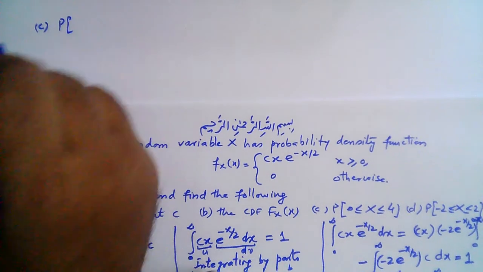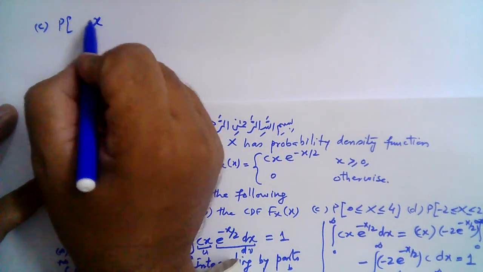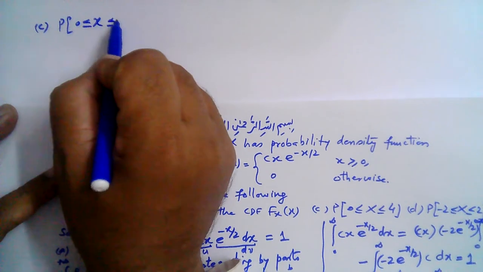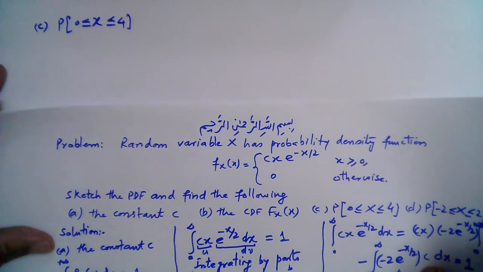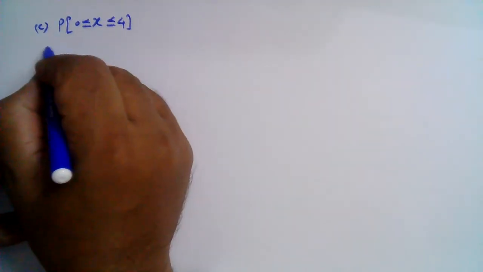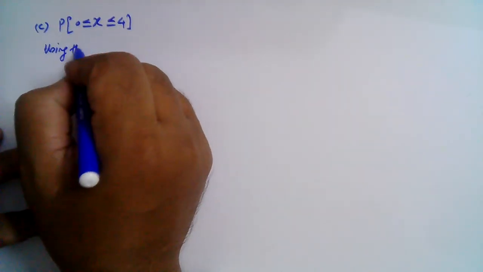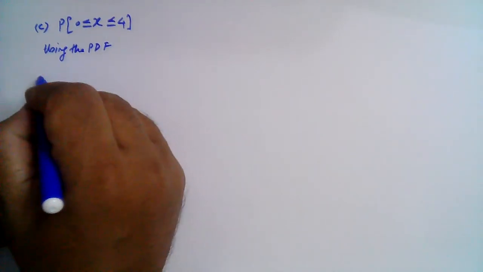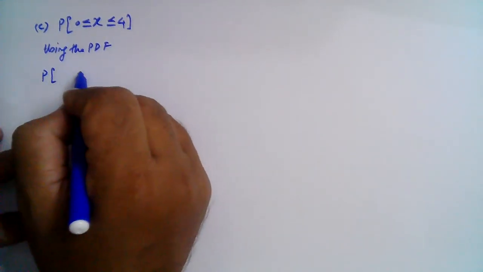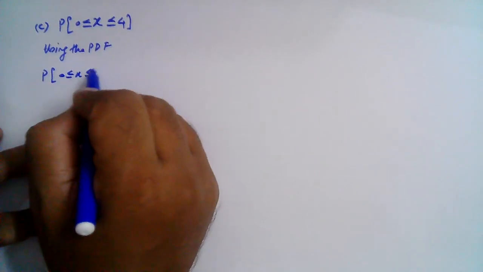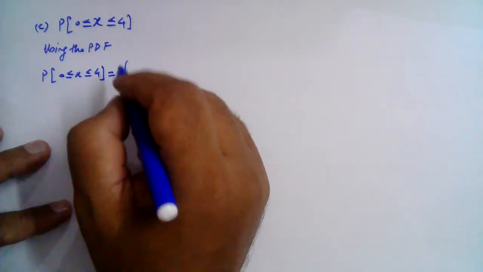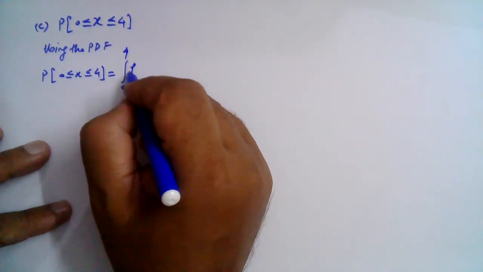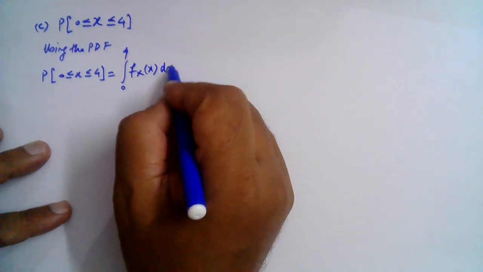Probability that X is greater than or equal to 0 and less than or equal to 4, right? Using the PDF, the probability that X is greater than or equal to 0 and less than or equal to 4 is given by this integral from limit 0 to 4 of f_X(x) dx.